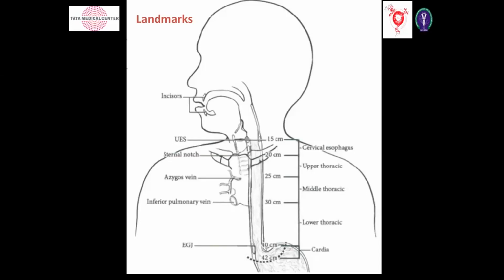A few landmarks: the pharyngoesophageal junction is at 15 centimeters, the sternal notch is at 20 centimeters, and all these distances are calculated from the incisor tip. The azygos vein is around 25 centimeters, the inferior pulmonary vein 30 centimeters, and then the G-junction.